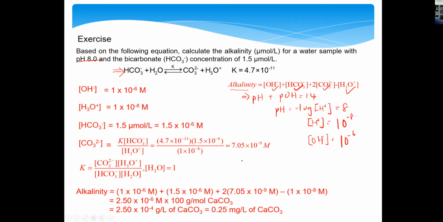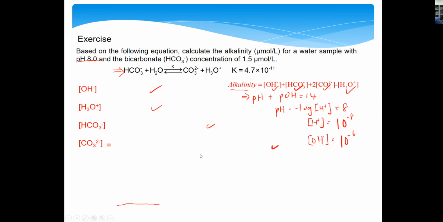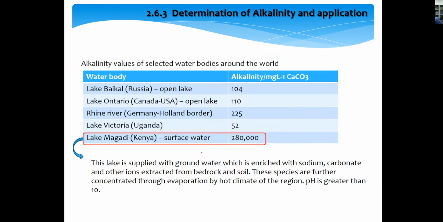The next step will be the calculation of alkalinity, where you insert all the concentrations that you have calculated into the equation. What you are going to get as the first answer would be 2.5 times 10 to the power of negative 6 molar. As I have shown in the previous slide, alkalinity is most of the time presented in milligram per liter of calcium carbonate.